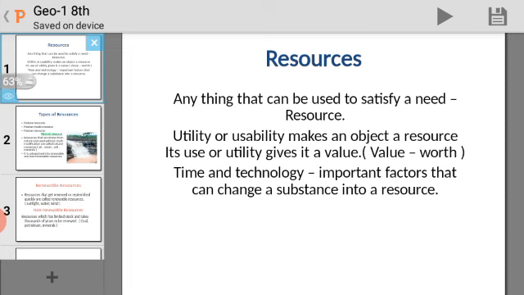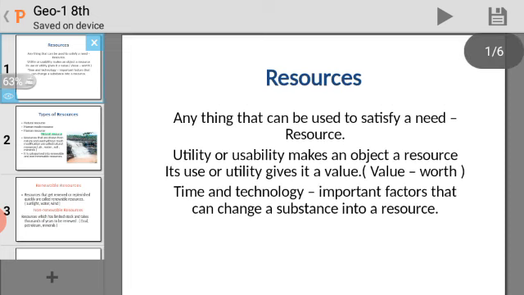Yeah, that's right. So before the factory could produce all these things, it has to collect raw materials and the things that can be used to satisfy a need, to fulfill our need. That thing is called a resource.